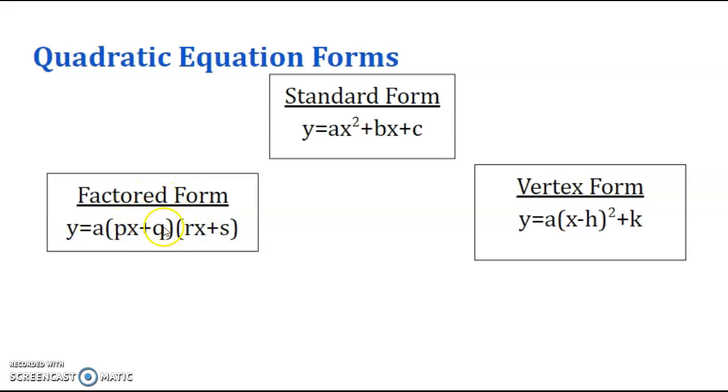Factored form is great because we can very easily find the x-intercepts. Vertex form, as the name indicates, lets us easily identify the vertex. Standard form is the most standard form of a quadratic equation.